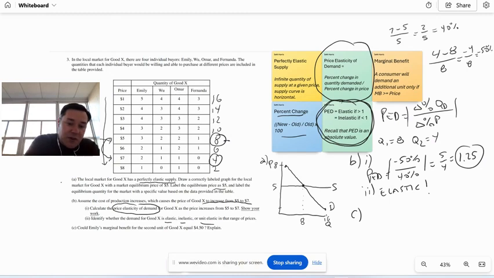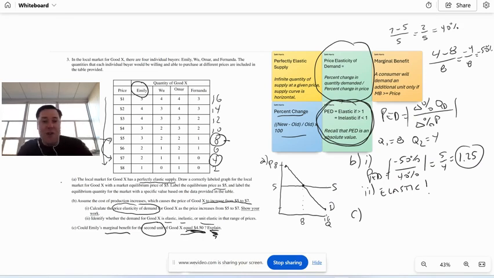There's an important term in here, marginal benefit, and they ask us specifically about the second unit of good X for Emily. So we're looking at Emily up here, and could it equal $4.50? And very important to understand that they ask for an explanation here, right?